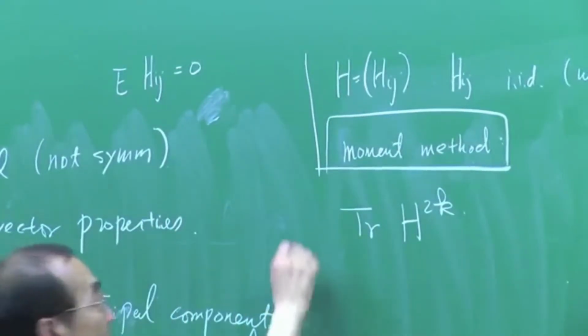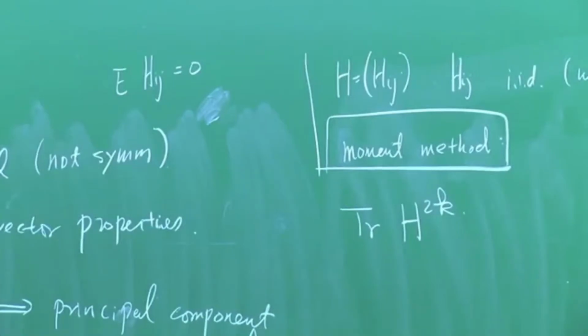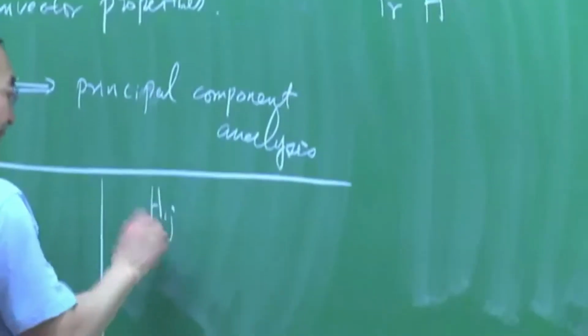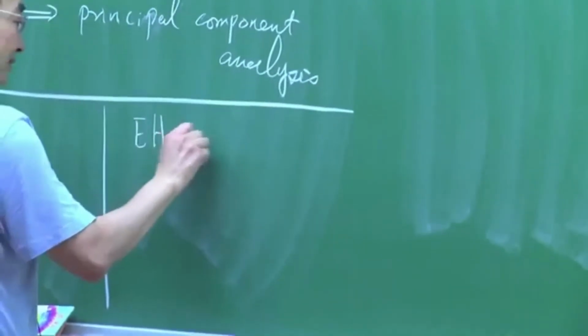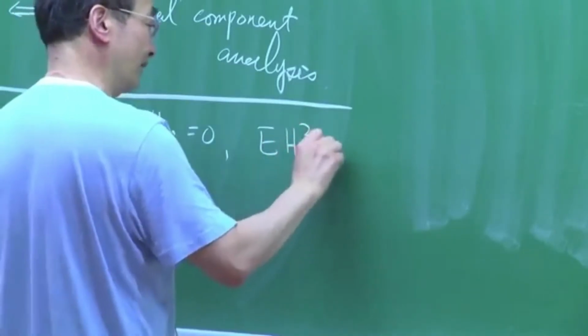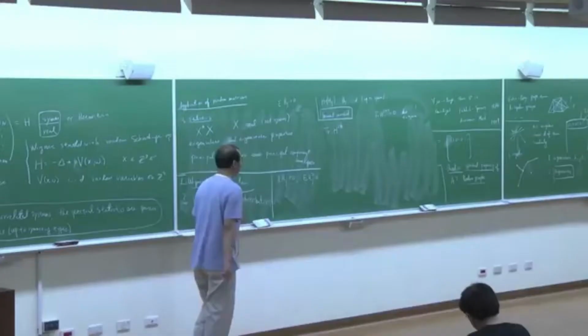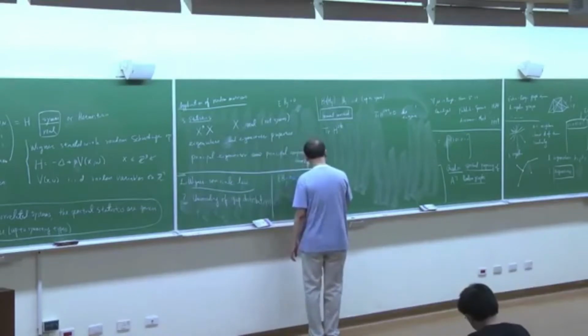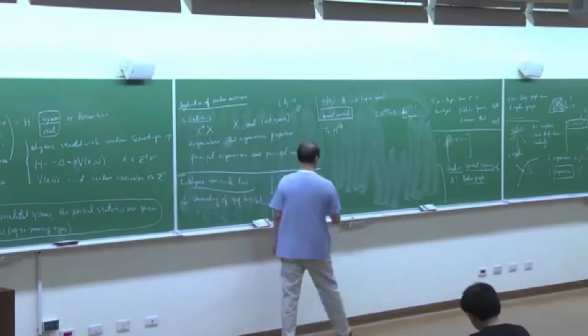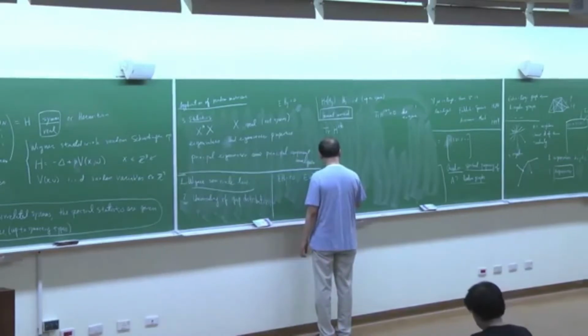So let me define the class: h_ij with expectation equal to 0 and expectation of h_ij squared equal to 1 over n. This is due to normalization. You can think of this as 1; it's just normalized.